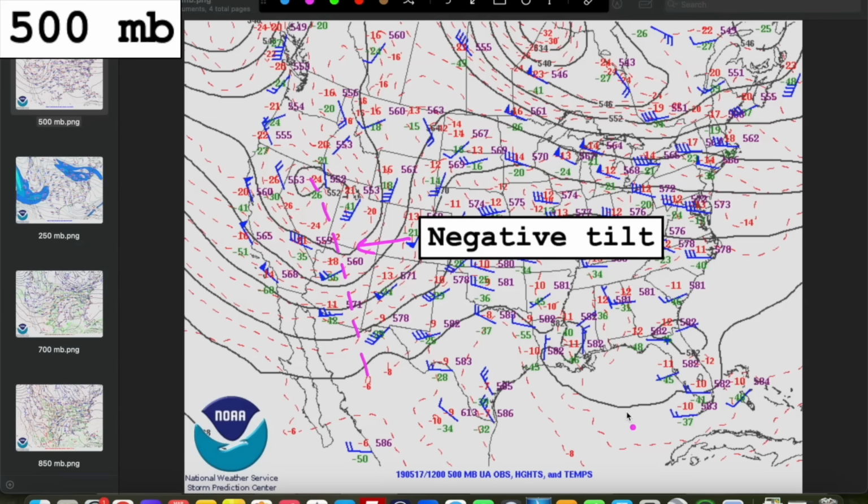But these troughs tend to induce surface low development, especially when they go over the higher terrain areas like the Rockies. So when these strong winds go through the base of the trough and go over the higher terrain of the Rockies, they tend to induce surface low pressure development. When you have a negatively tilted trough, that surface low pressure development tends to be more intense than a positively tilted trough, which is when the axis tilts toward the right.